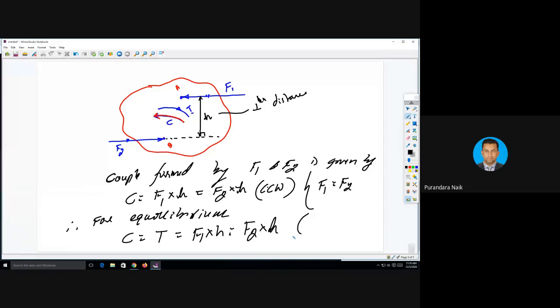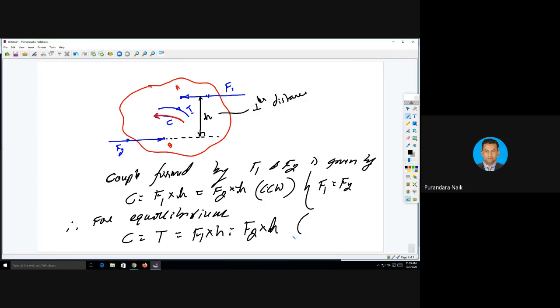Time up. Do it fast. Write below that sentence: where T, F1, F2 are magnitudes respectively.